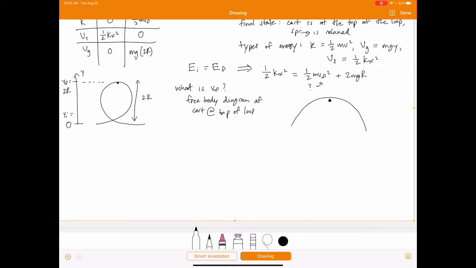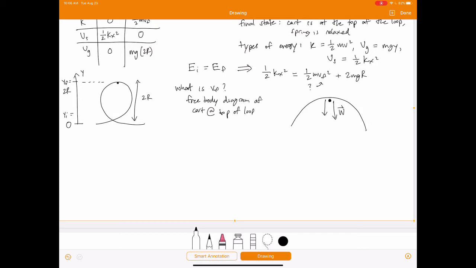There's the cart. Now, what forces are acting on it? Well, we have the force of gravity, or the weight, that points straight down. And we should also have a normal force because there's contact between the cart and the track. Now, the normal force is going to be pointing downwards because the cart is upside down.